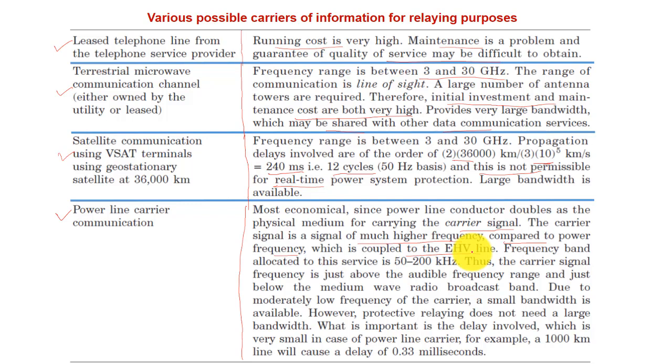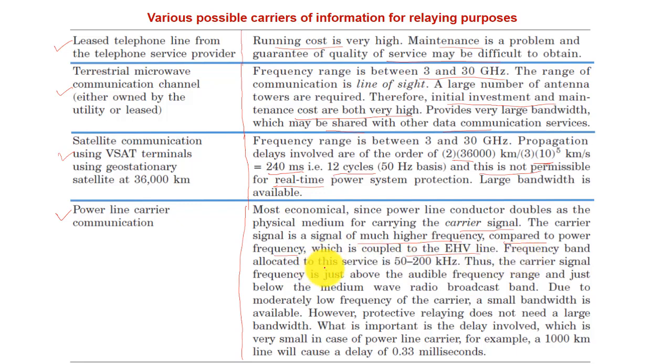The tuning of capacitances and inductances is also used in the potential transformer, and simultaneously it is used to trap the carrier wave, which contains the information. That is why we call it power line carrier communication.